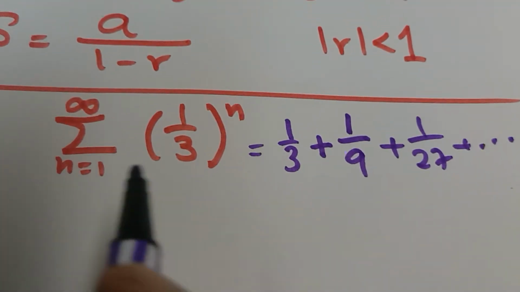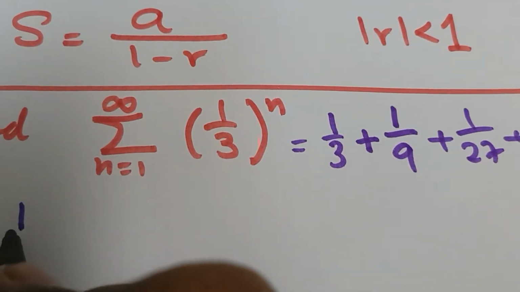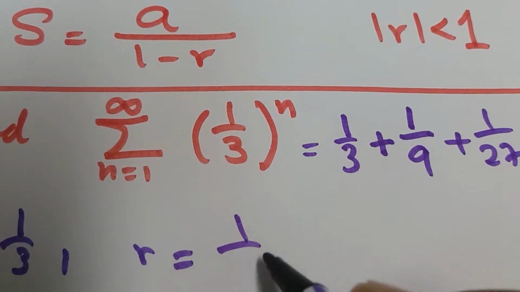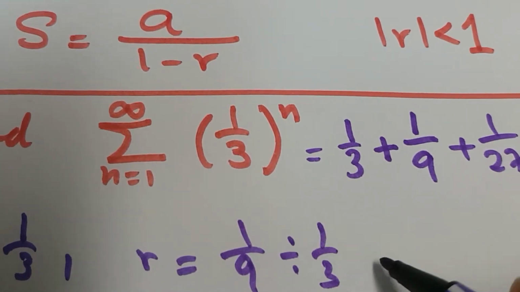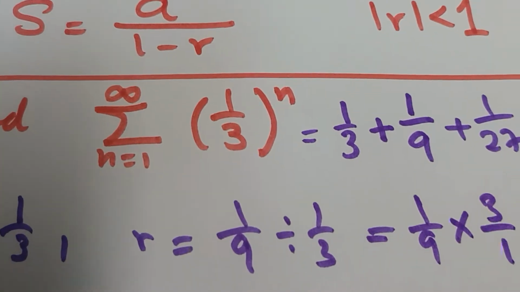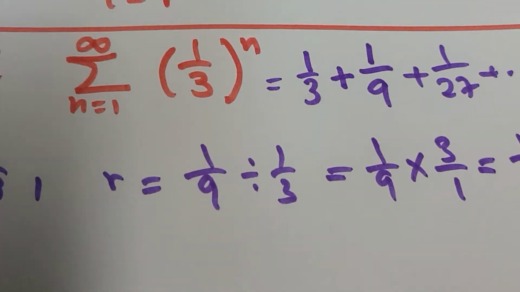This is a geometric series. A equals 1 over 3, and R equals 1 over 9 divided by 1 over 3, that is 1 over 9 multiplied by 3 over 1, which is just 1 over 3, right?